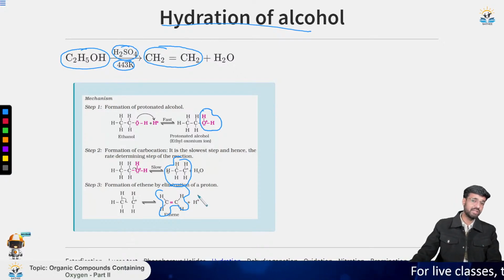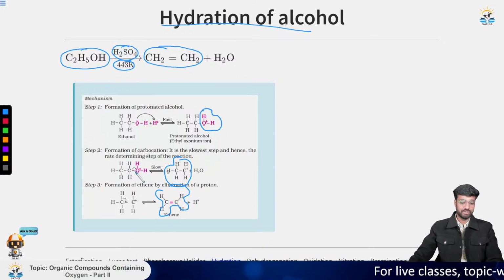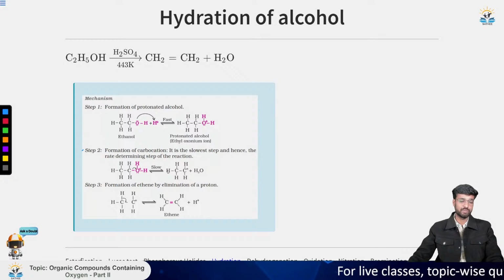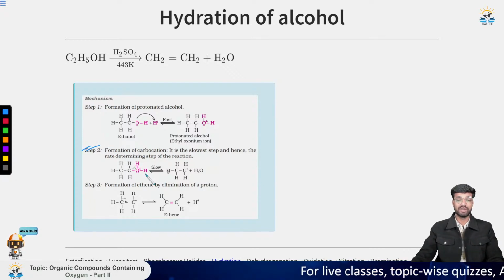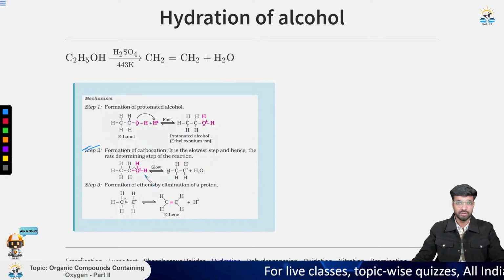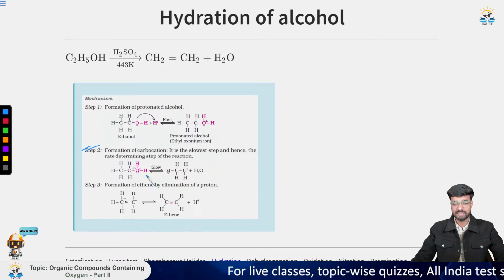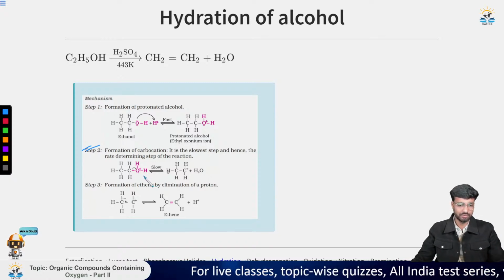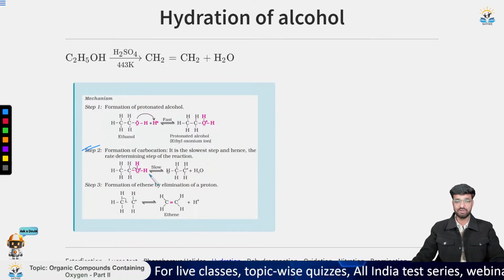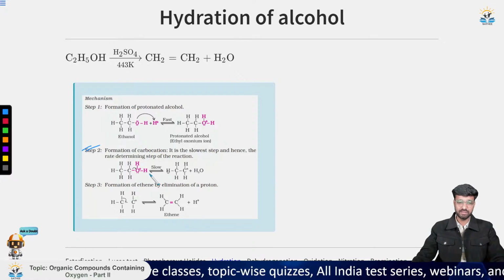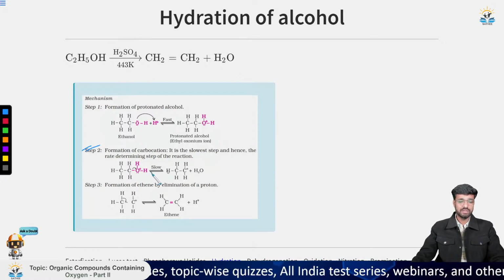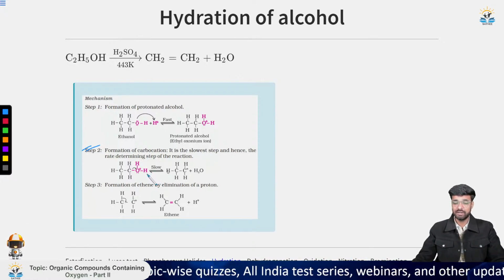Now the thing to notice here is that this is the slow process. Okay, so this is the slowest process, and you know according to chemical kinetics that whichever process is slow, it decides the rate of reaction, or how fast or how slow the reaction will go. So you have studied about this rate determining step or RDS. Since this is the slowest process, it will determine the rate of reaction.